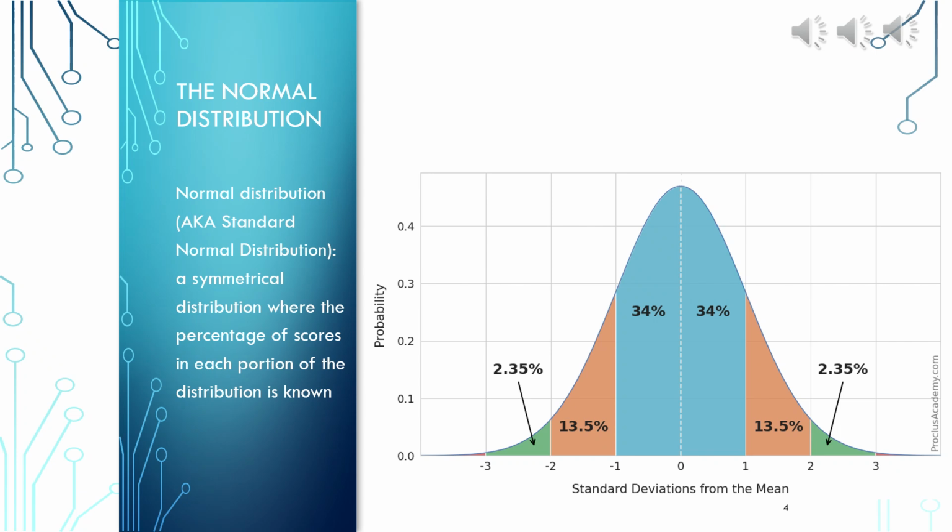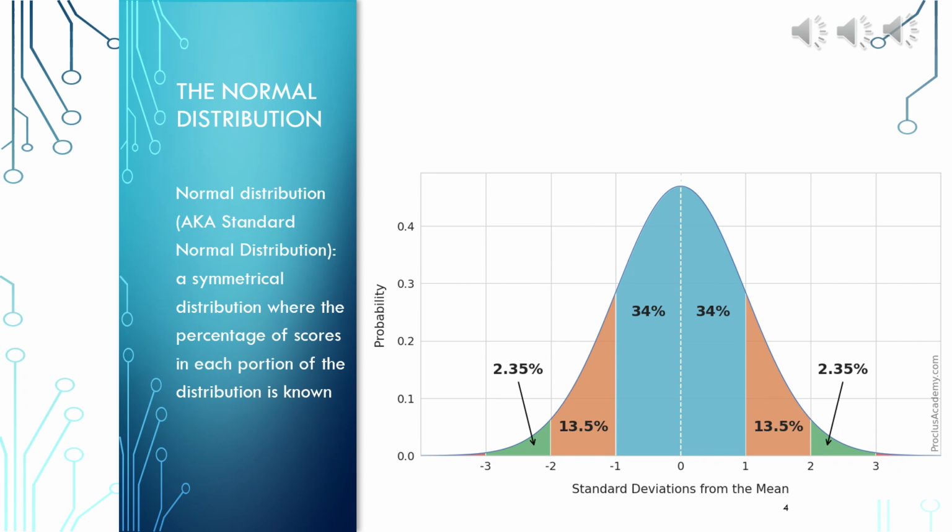This is cool because it turns out that if you do some little math, you can figure out exactly which proportion of all of the scores in the population exist within 1 standard deviation of the mean, within 2 standard deviations of the mean, within 3 standard deviations of the mean. Now, why would that be useful?